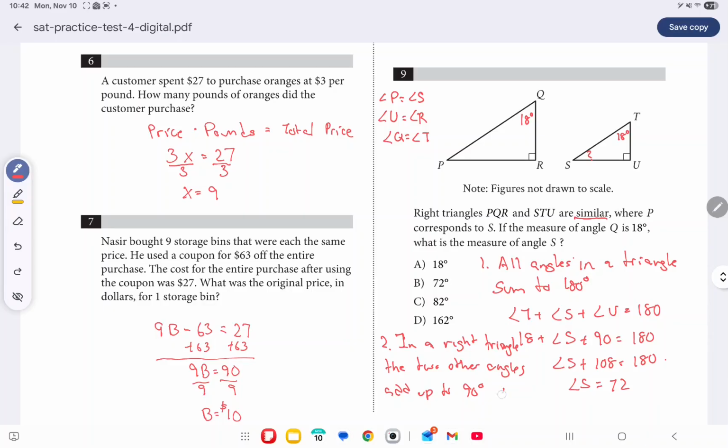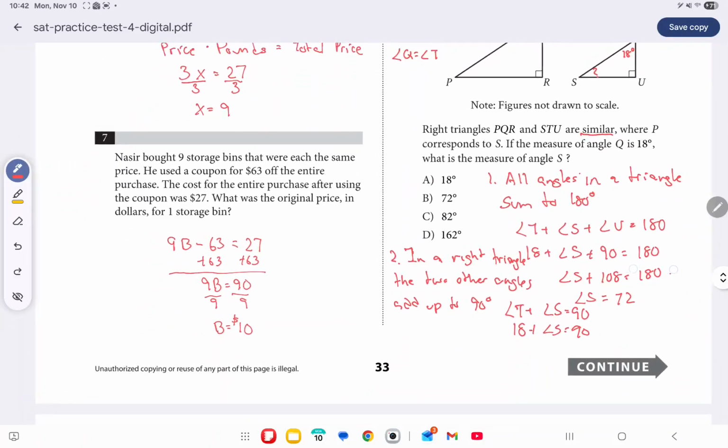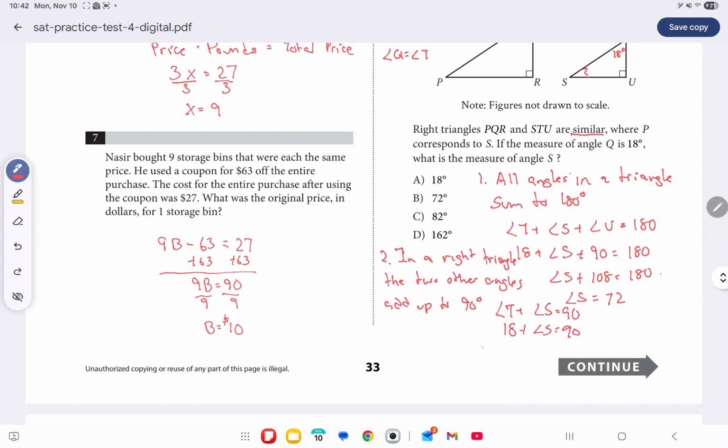So that means angle T plus angle S is equal to 90. We know that angle T is 18. Now again, we have an equation, and all we're going to do is subtract 18 from both sides, so we get angle S is equal to 72.